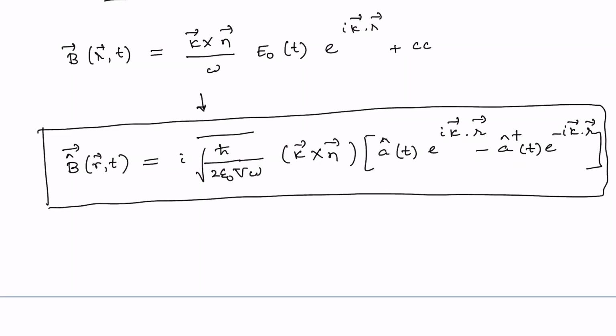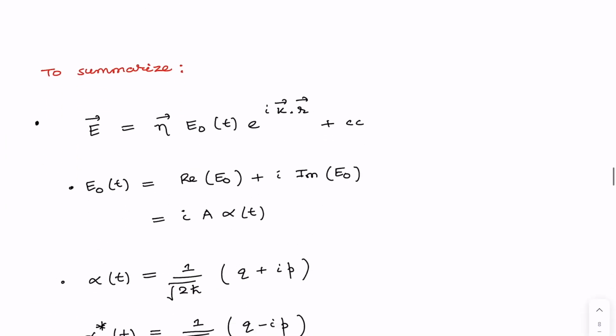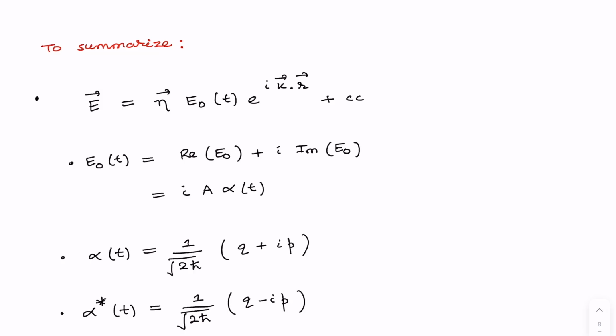Let me summarize what we have learned so far. We considered a propagating electromagnetic wave having complex amplitude E0 of t. E0 of t has a real part and an imaginary part, and we write E0 of t, the complex amplitude of the electric field, in terms of a constant A and a dimensionless variable alpha of t.